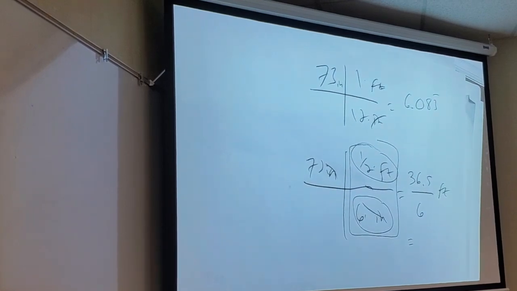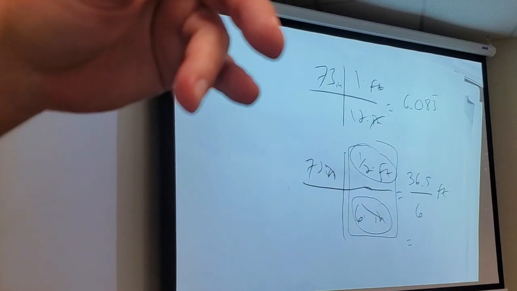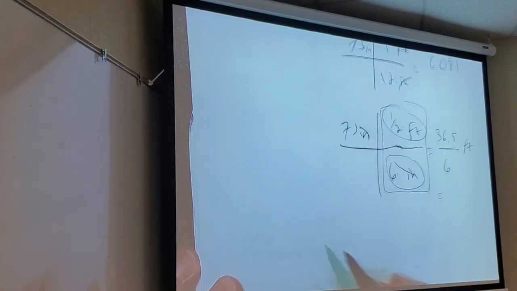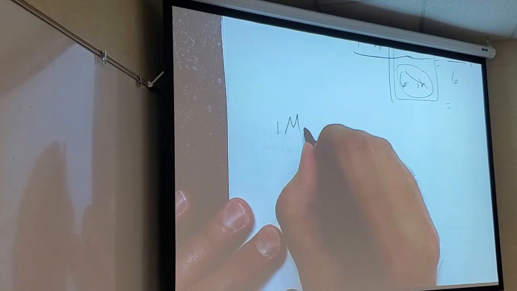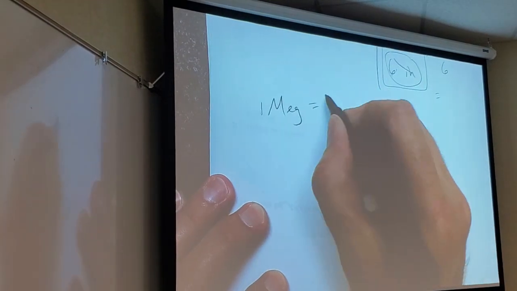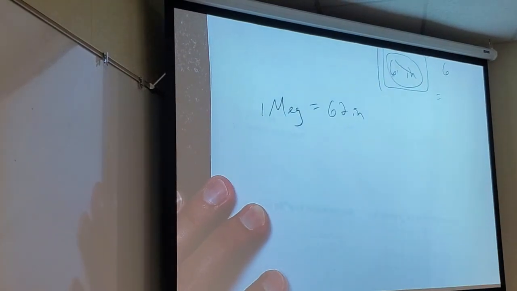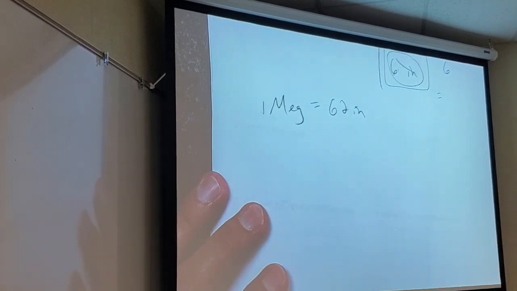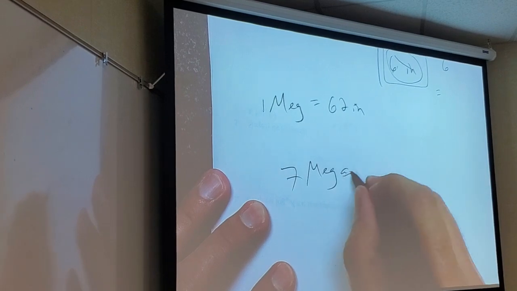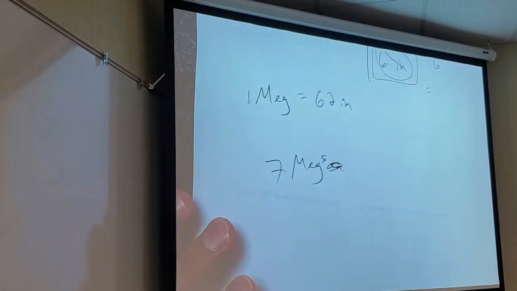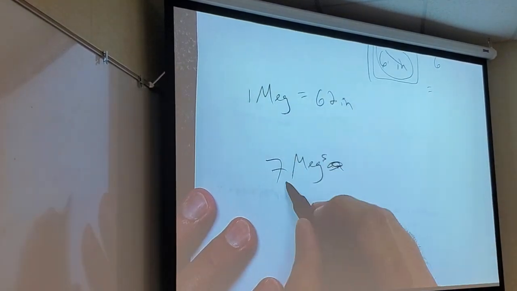All right. I'm sorry, Meg. 5'2", right? Okay, so that's 62 inches. Everybody with me? So 1 Megan is 62 inches. So what if something was 7 megans tall? We'll just say megs. You do 62 times 7, right?